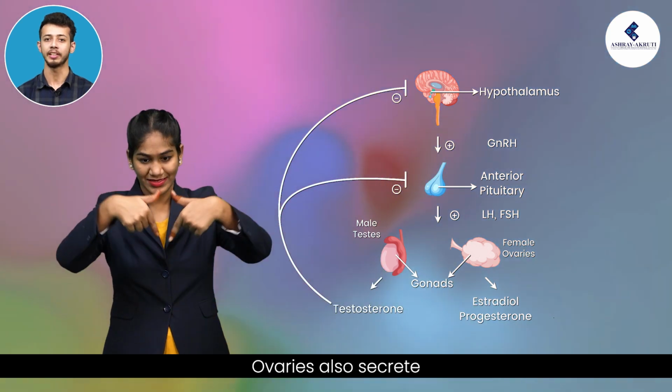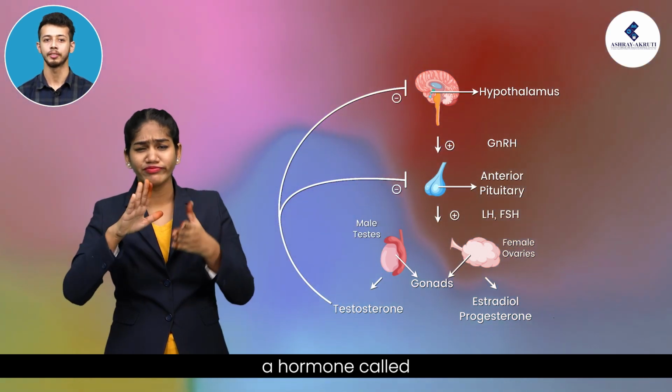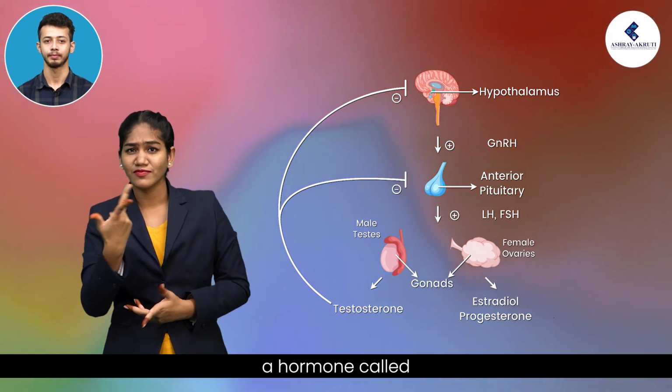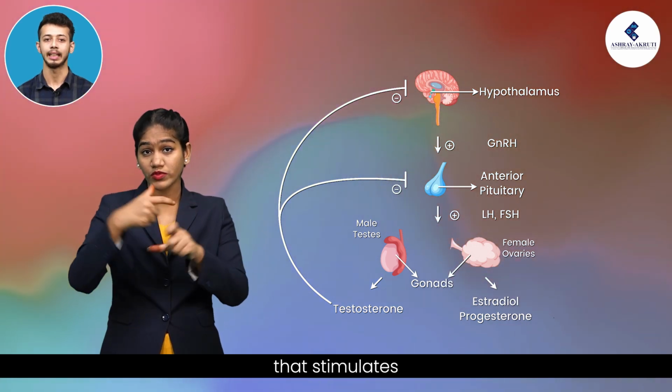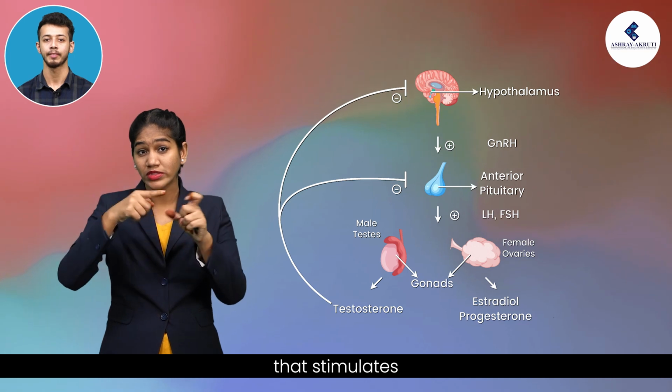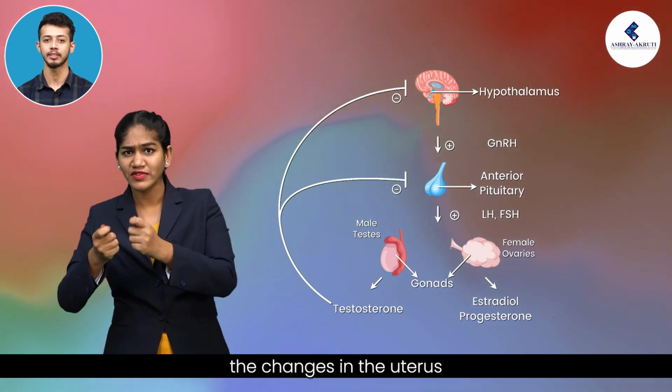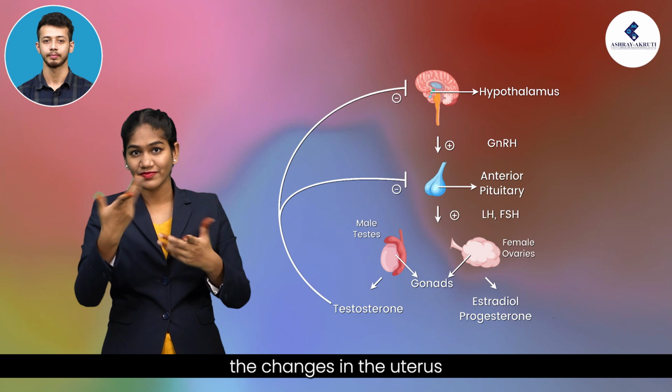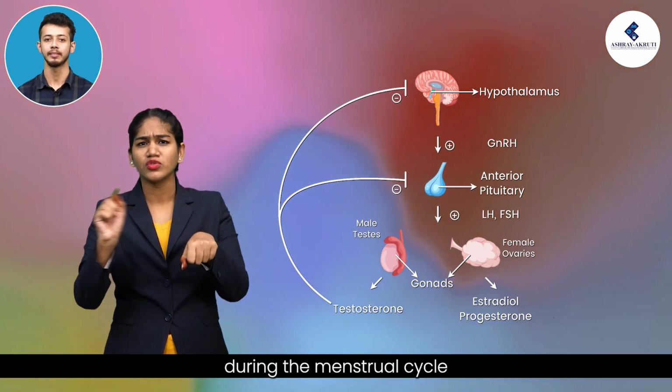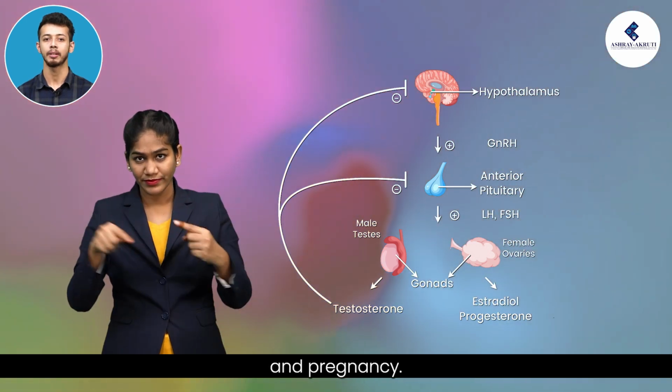Ovaries also secrete a hormone called progesterone that stimulates the changes in the uterus during the menstrual cycle and pregnancy.